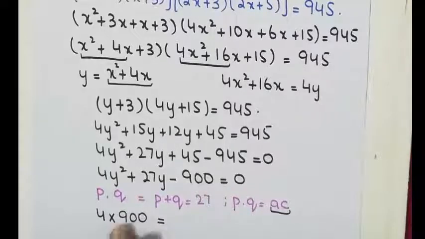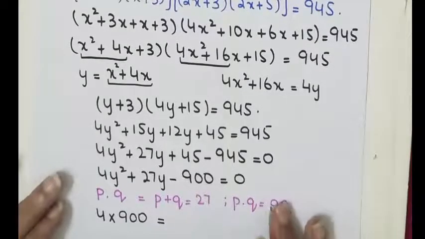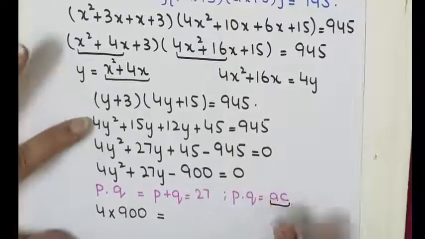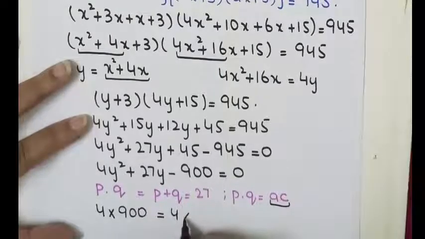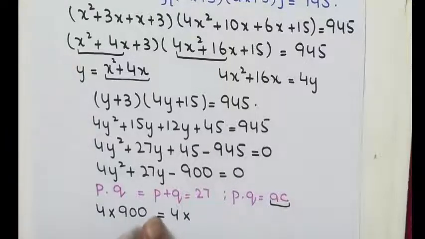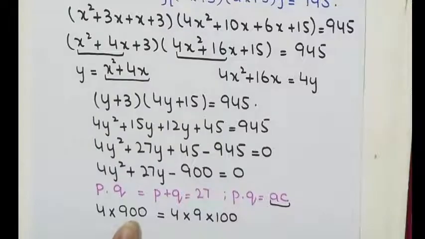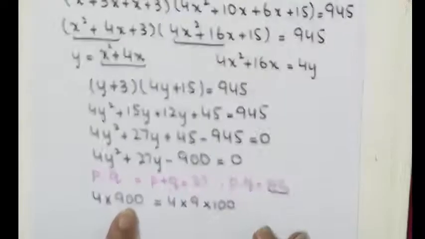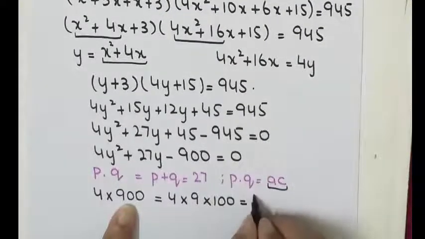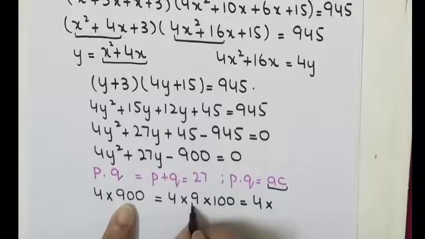So we will split this term. In this way our factorization will become easier. See, 4 into 900. We can write 900 as 9 into 100. I hope this is not difficult. This is equal to 4 into 9.